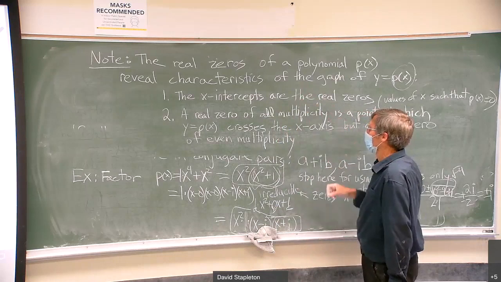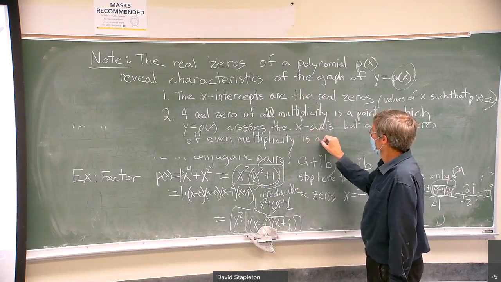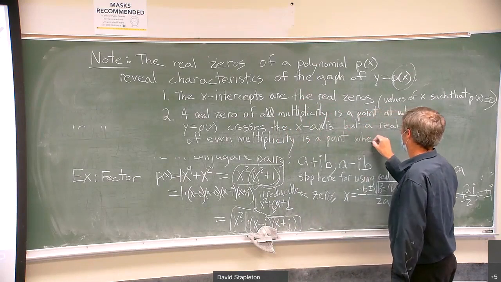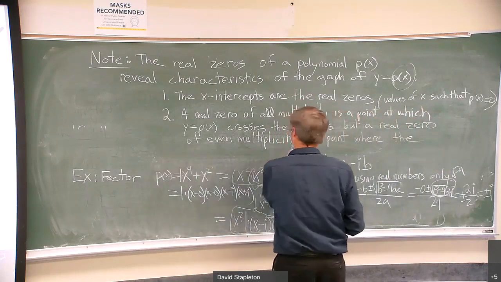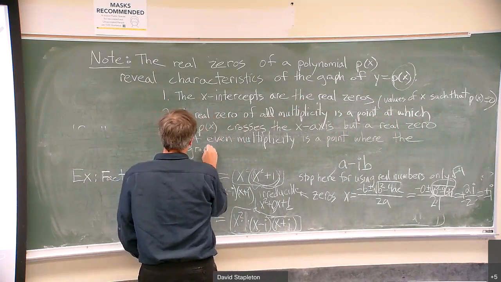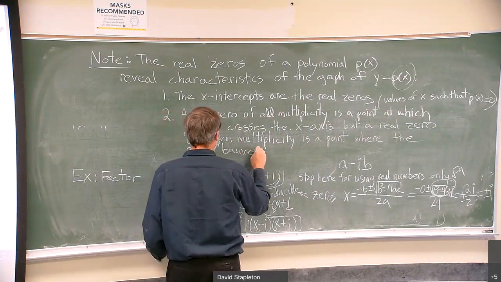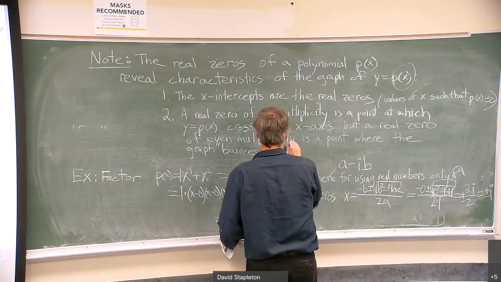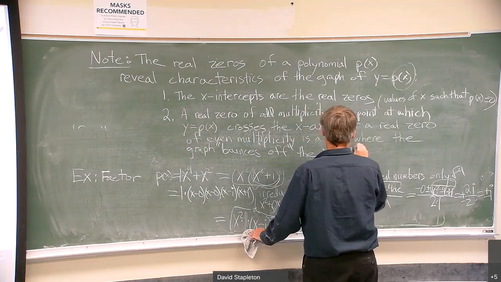Came from up, it goes back up. It's a point where the graph bounces off the x-axis. That's a loose term, it's not an official mathematical term. Bounces off the x-axis, doesn't cross it.